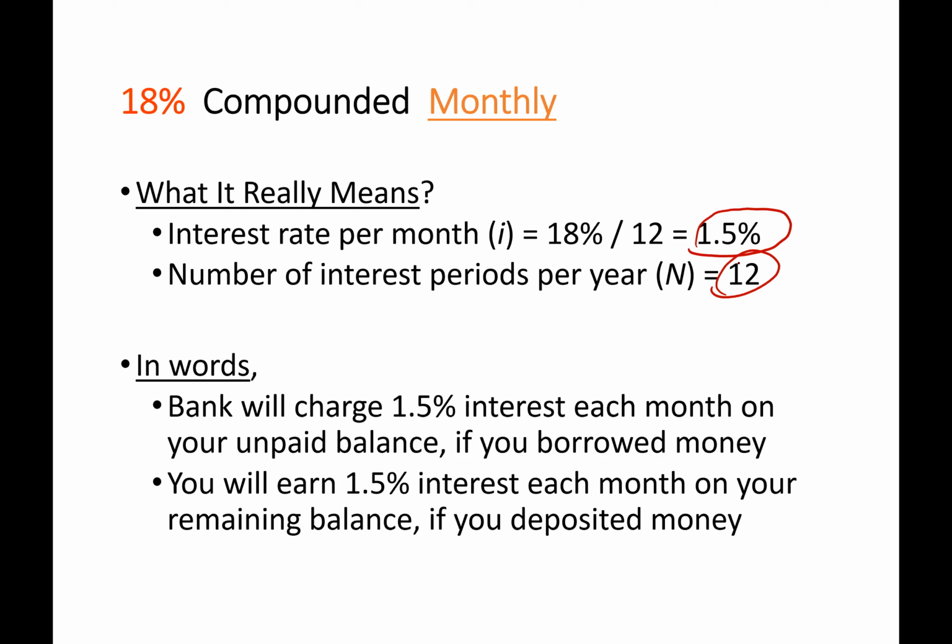Those two are important. So the bank will charge 1.5% interest each month on your unpaid balance if you borrow money, and you will earn 1.5% interest each month on your remaining balance if you deposit money. That depends on whether you lend money to the bank or borrow money from the bank. Two scenarios, but still they're going to apply 1.5% interest on the remaining balance.